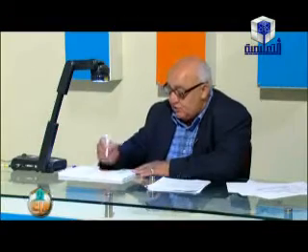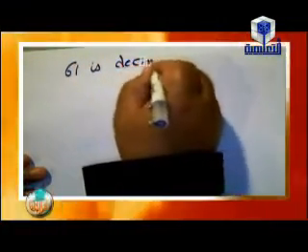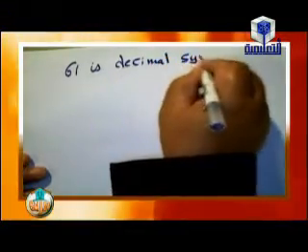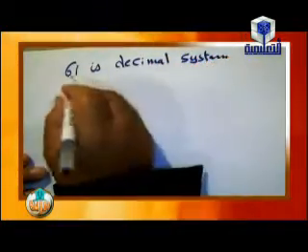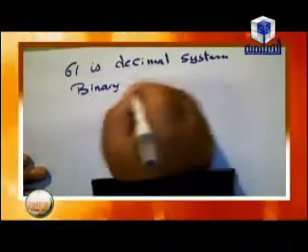Now, convert 61 from decimal system to binary system. We want to convert 61, a decimal number, to the binary system.